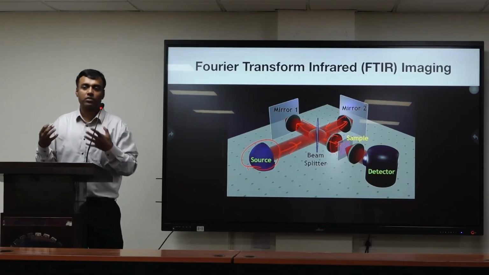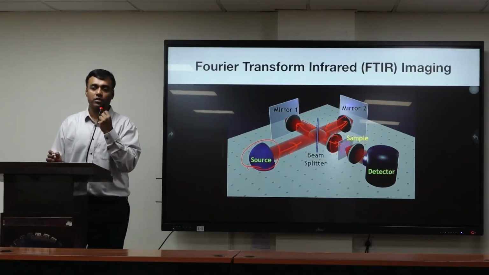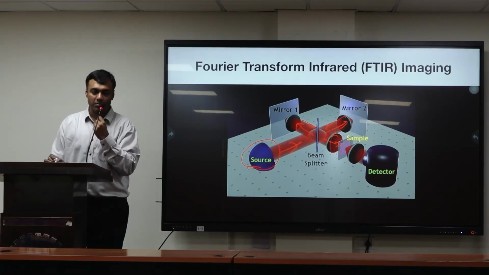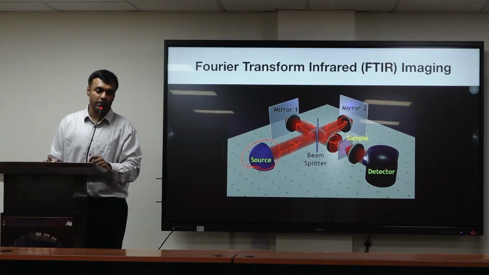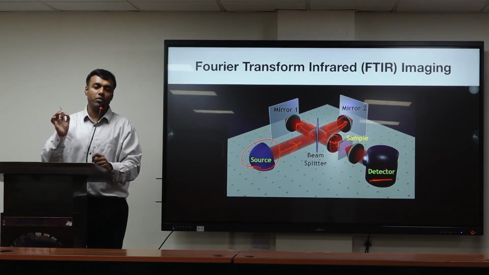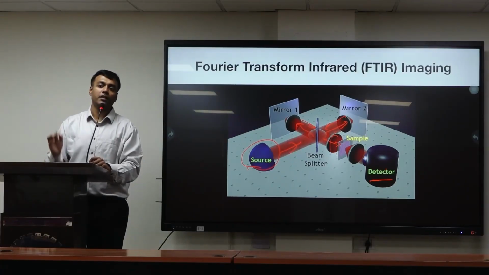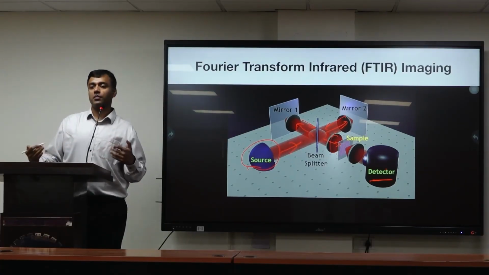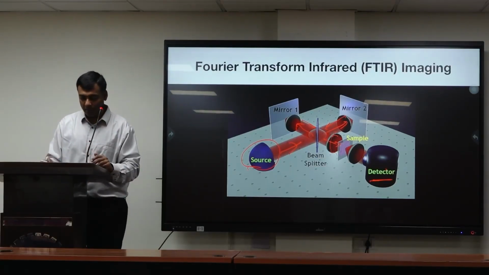Our lenses are reflective optics, Cassegrains. It's focused onto a location in the sample, and then light comes out and is focused onto a detector. The detector could be a one-point detector or an array detector, like a camera sensor, so you can get an image instead of one spectrum alone.